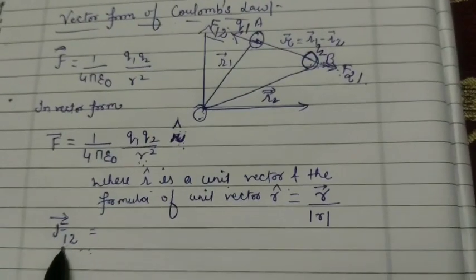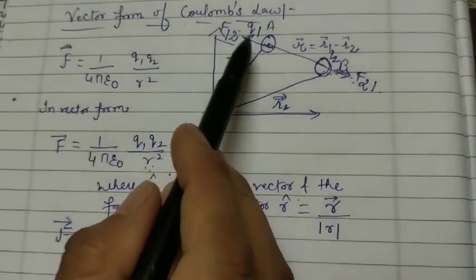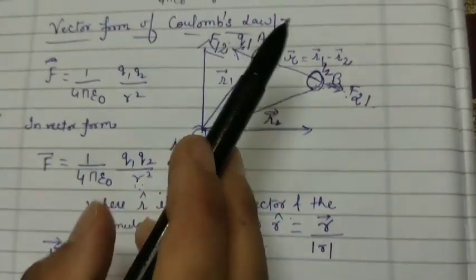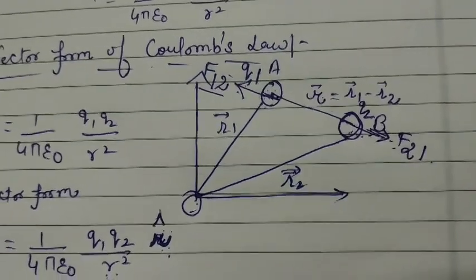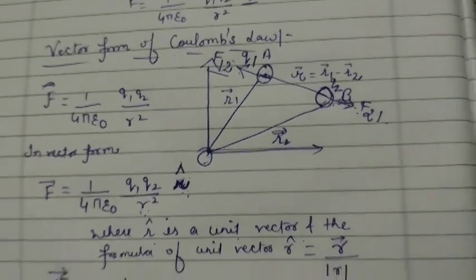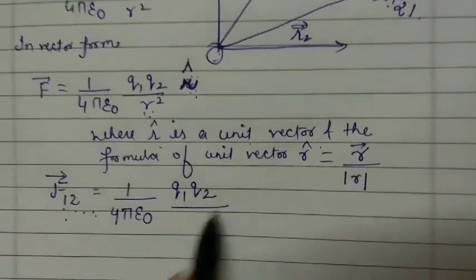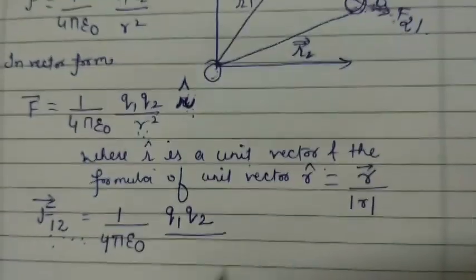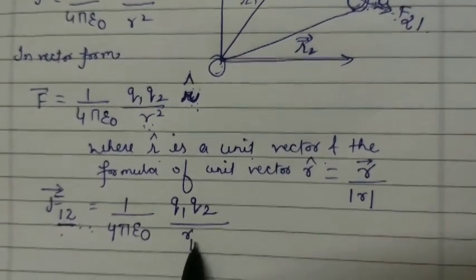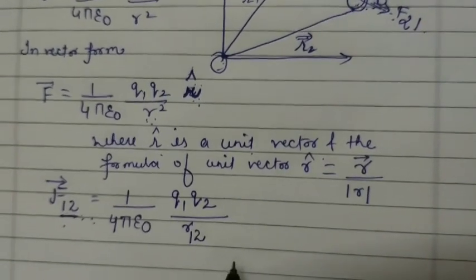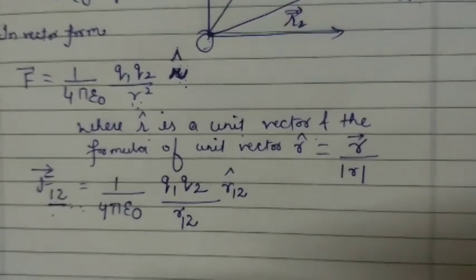Force on 1 due to 2 means we are applying force on the first charge and the force is due to the second charge. It can be written as 1 upon 4 pi epsilon naught Q1 Q2, and the distance can be written in the form of R12 and R12 cap.